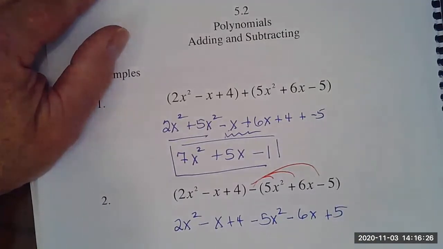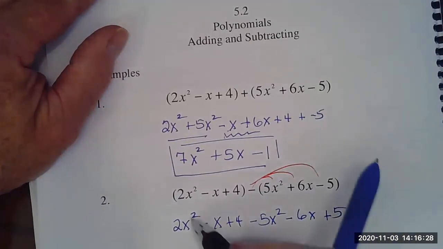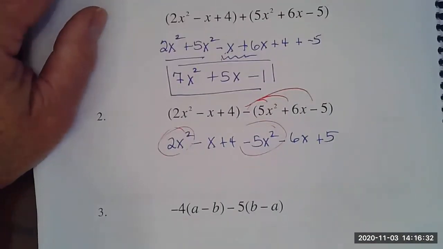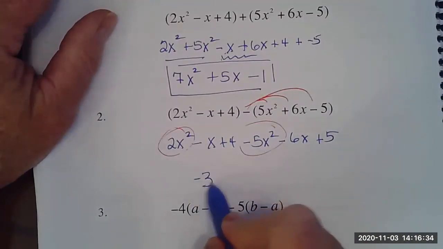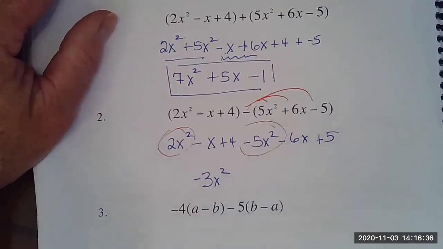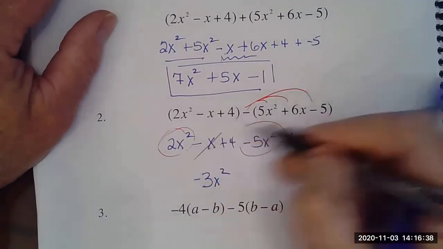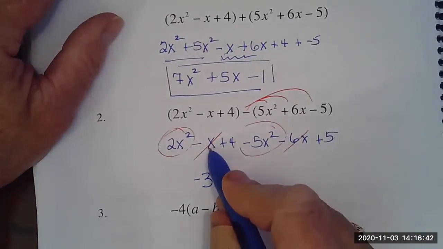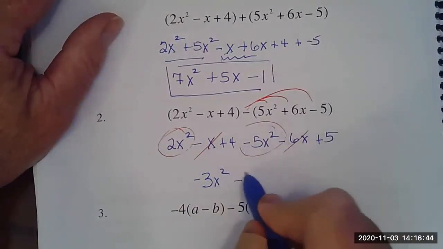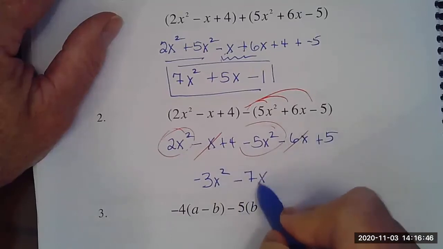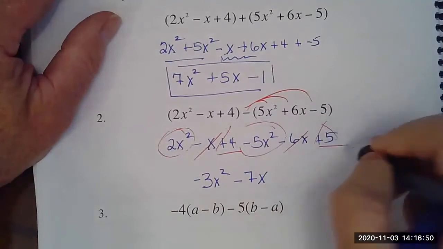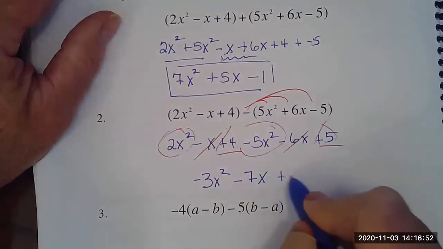And then I can combine like terms. So these are like: -3x squared. -x -6. So -1 subtract 6, -7x. And then you've got 4 and 5 is 9.